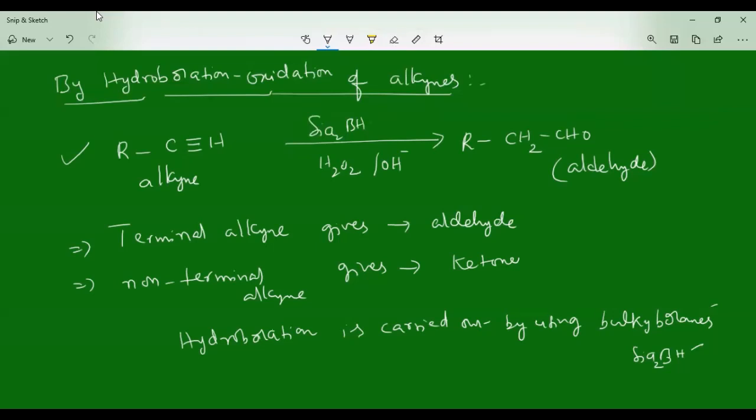This is an important reaction when it comes to the preparation of carbonyl compounds from alkynes. Now we're going to talk about the properties of carbonyl compounds.